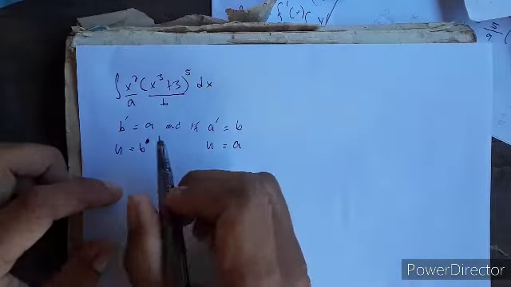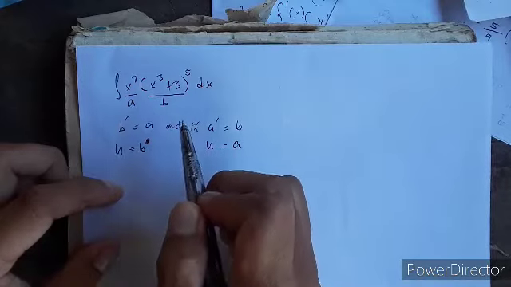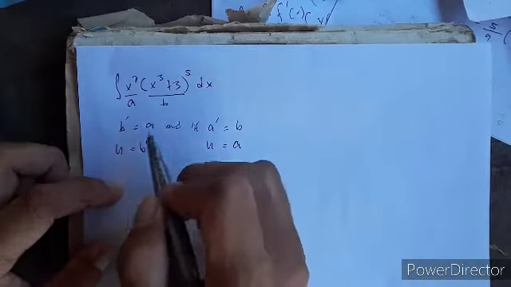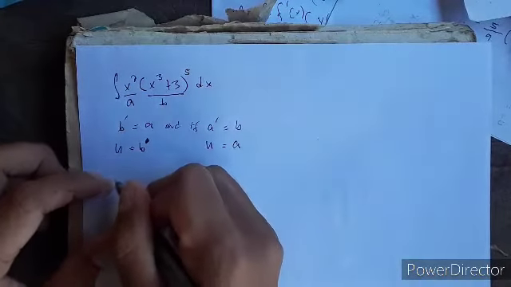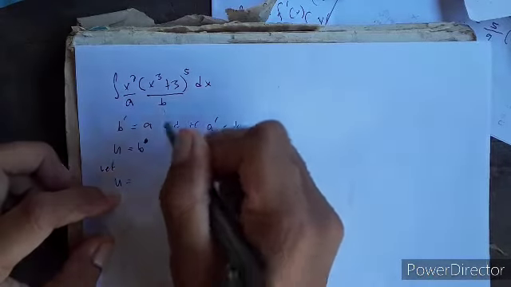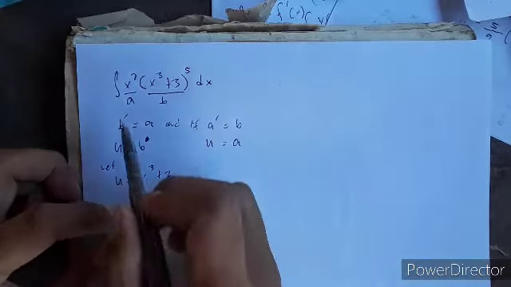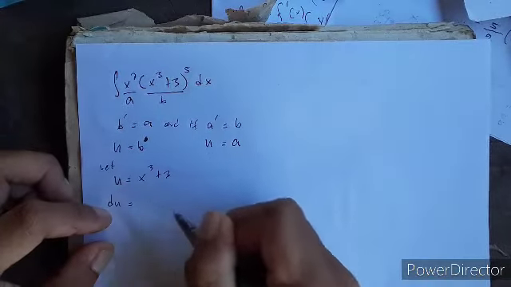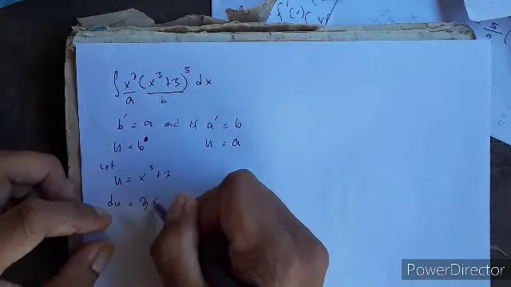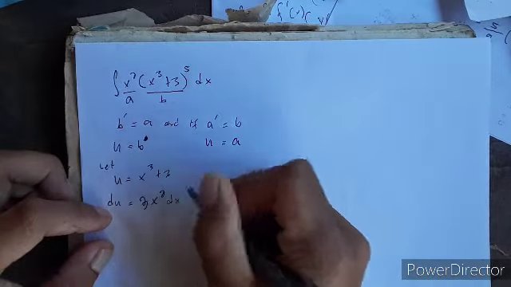So let's try this problem. Because our b prime, the derivative of the second function, is equal to the first function, our u here is the second function. So we let u be equal to b, which is x cubed plus 3, and our du here is equal to 3x squared dx.